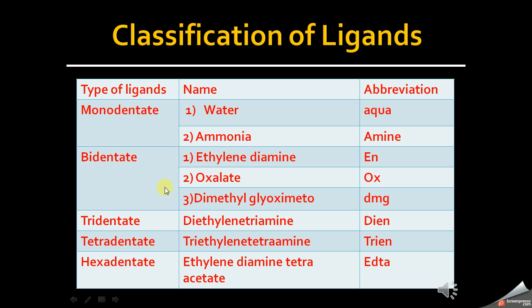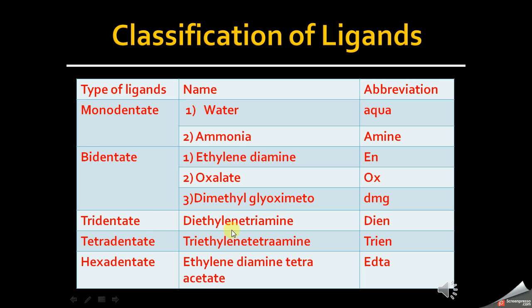Bidentate means there are two donor groups: ethylenediamine, NH2CH2CH2NH2, with two NH2 groups. Oxalate, C2O4 2-, is bidentate, with two oxygen atoms. Then dimethylglyoximato, abbreviated DMG, has two nitrogen atoms which are the donor atoms.